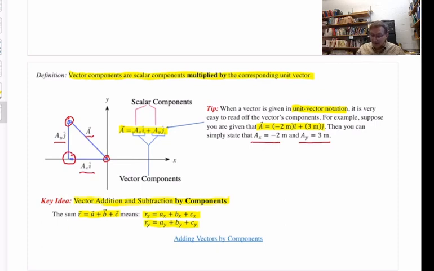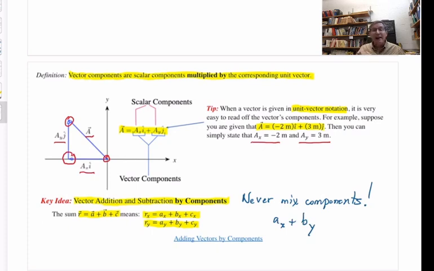Never mix components. That is a fundamental violation of what we call vector algebra. Vectors don't add that way. In other words, don't ever add ax to by or ay to bx.